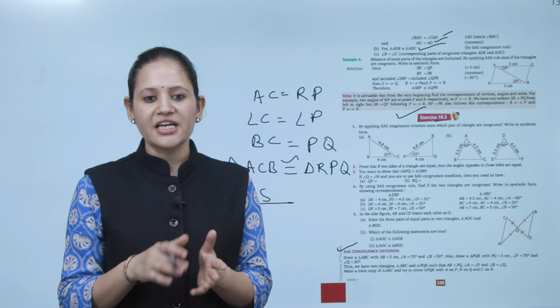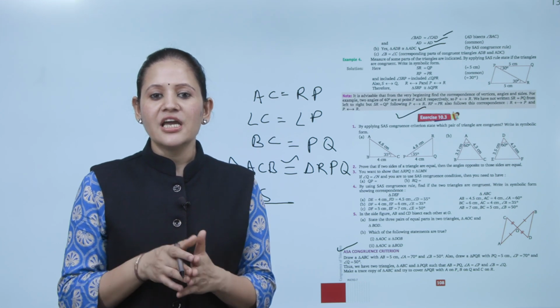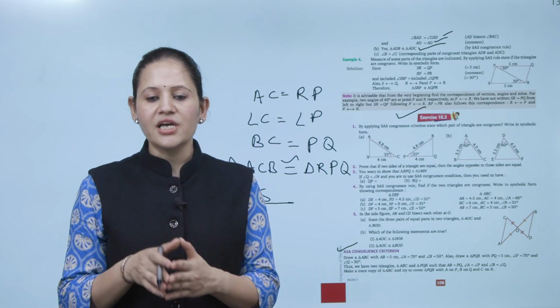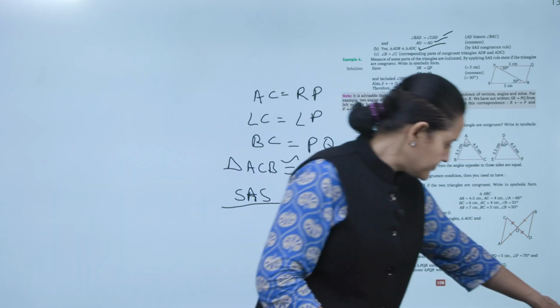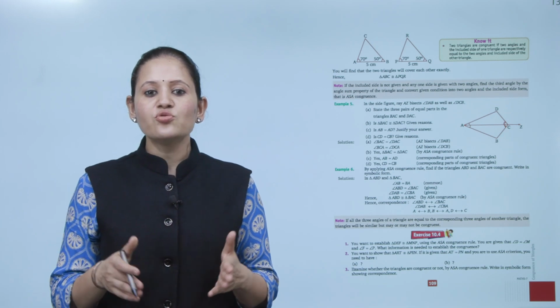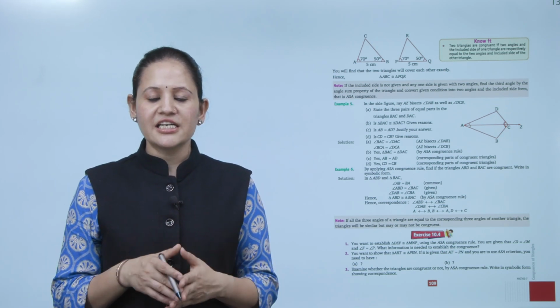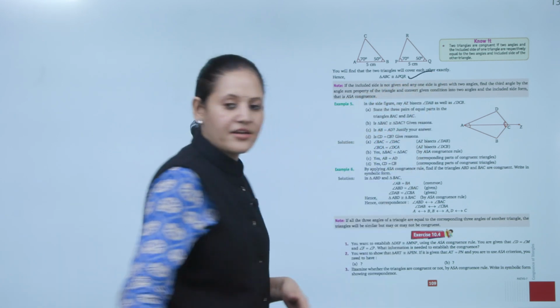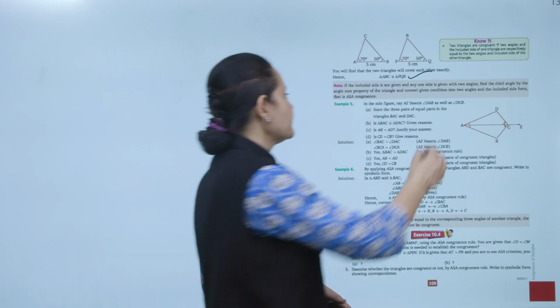Make a trace copy of triangle ABC and cover triangle PQR with A on P, B on Q and C on R. So, we will find that the two triangles cover each other exactly. So, we can say triangle ABC is congruent to triangle PQR. Clear?